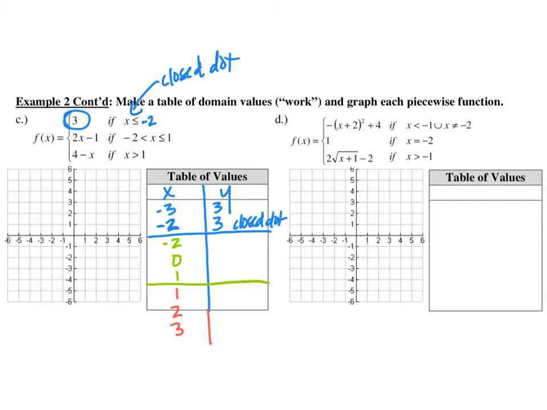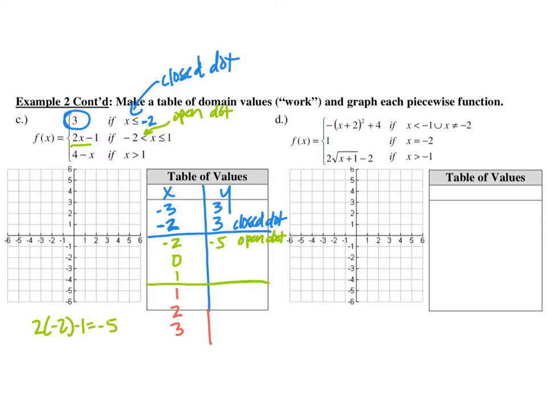So now let's go to the next subfunction. So here we have -2 in this 2x minus 1. So 2 times -2 minus 1 is -4 minus 1, which is -5. And this right here is going to be an open dot because there is no or equal to.